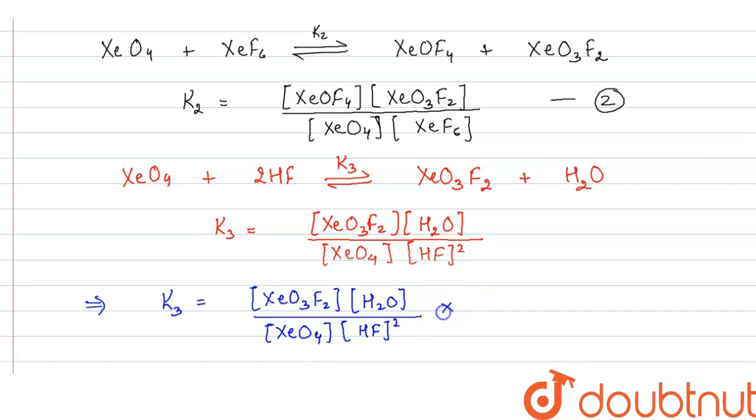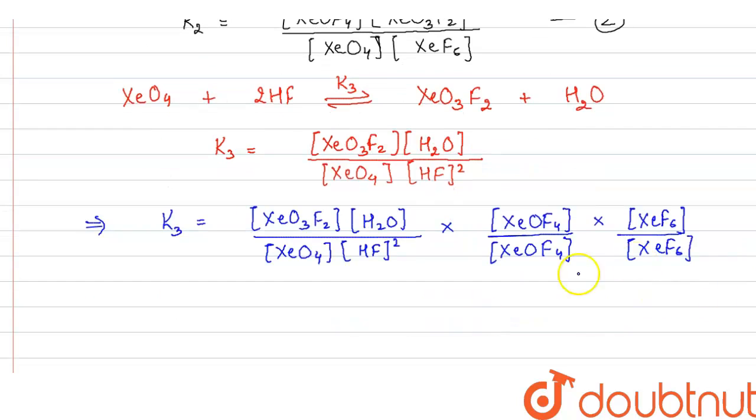So let us multiply this by XeOF4 and divide it by the same term, concentration of XeOF4. Also, let us multiply this by concentration term XeF6 and divide it by XeF6. Right, we can do this.